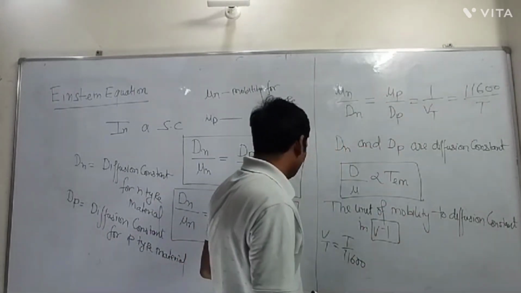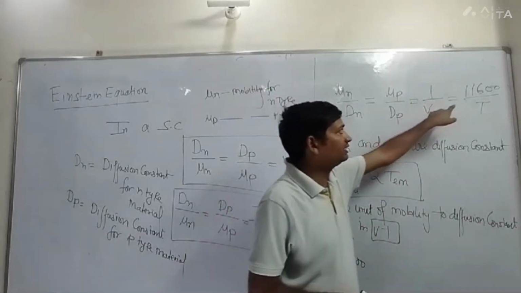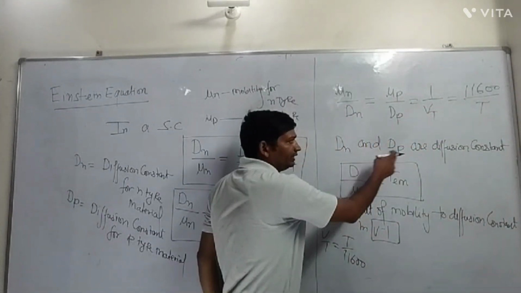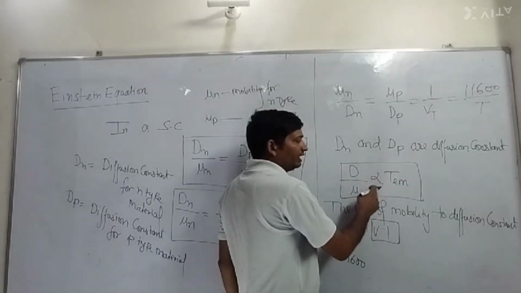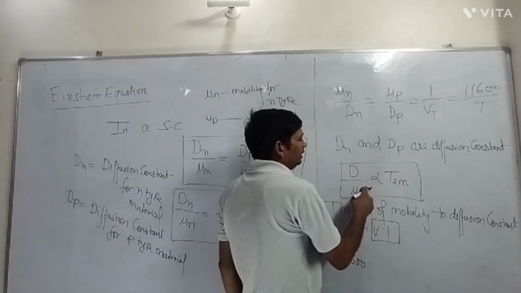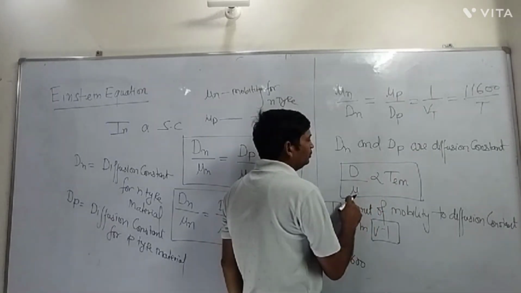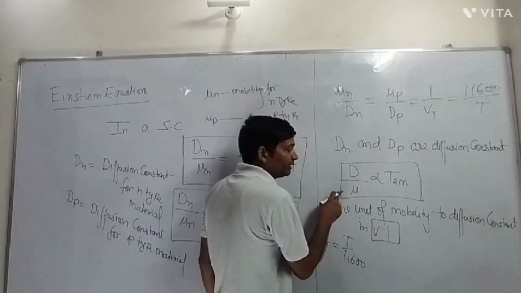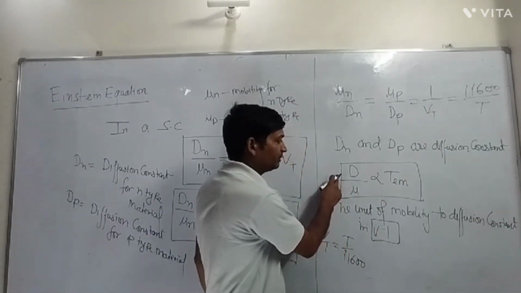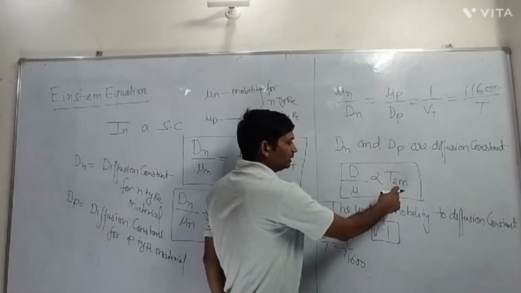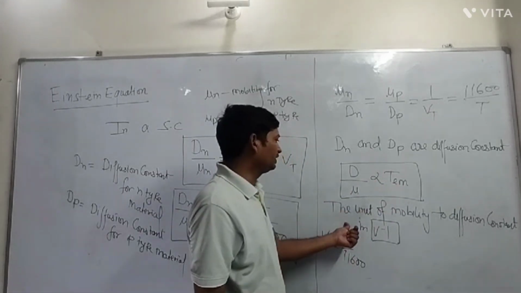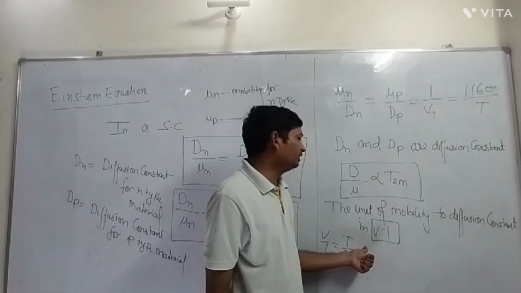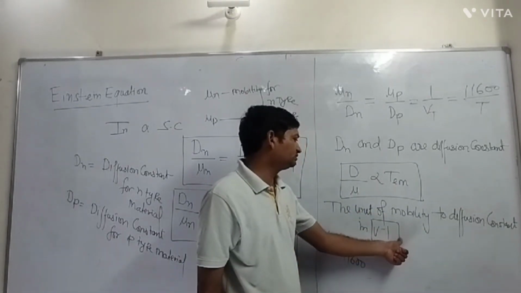It means the equation has changed to 11,600 divided by T. So Dn and Dp are the diffusion constants. The ratio of diffusion to mobility is directly proportional to the temperature, and its unit is in terms of inverse voltage.